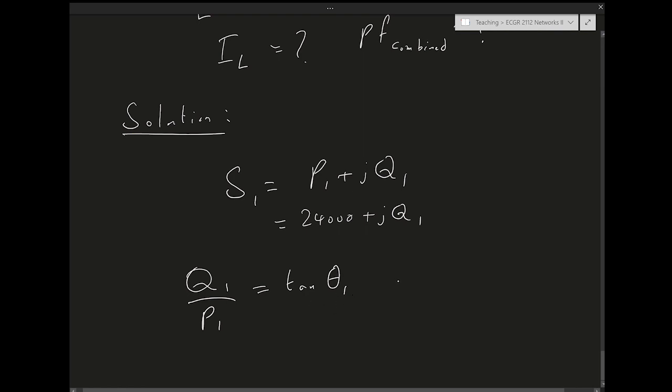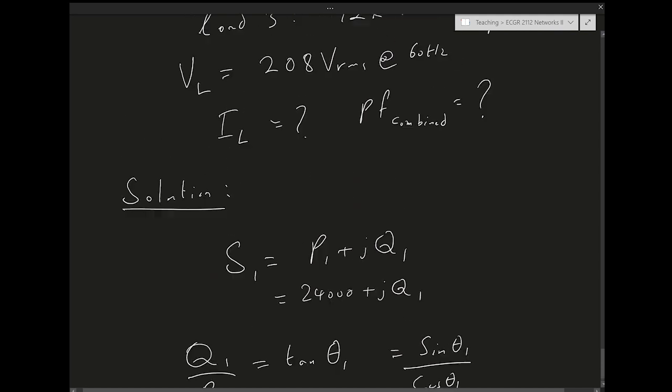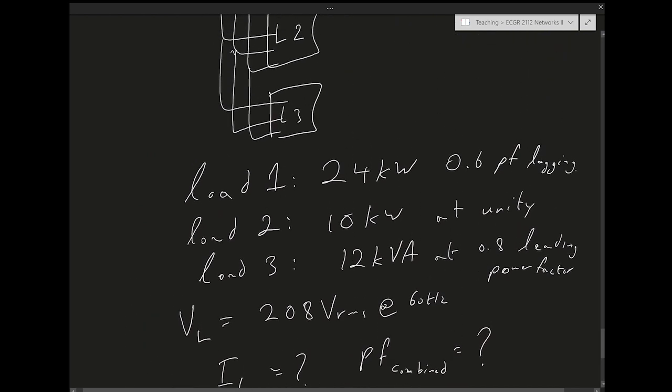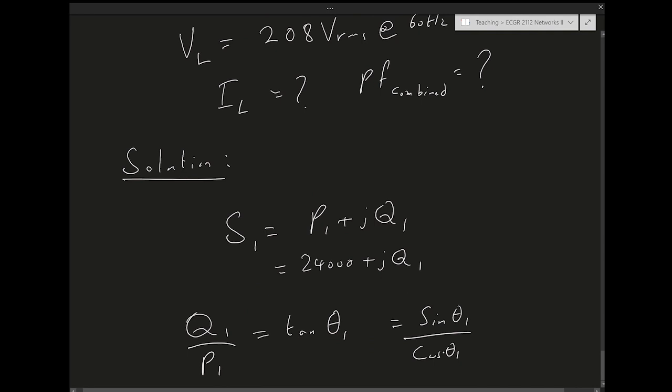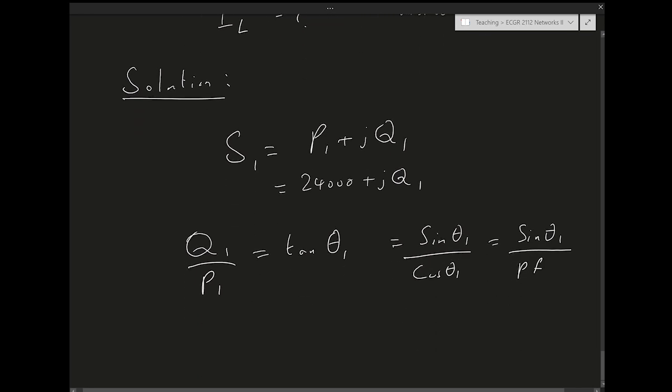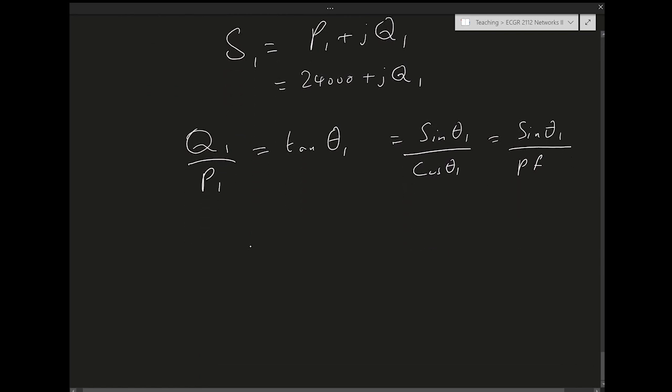But tan theta 1 is sine theta 1 over cosine theta 1. Cosine theta 1 is the power factor, of course. It doesn't matter if it's leading or lagging. The power factor is always going to be positive because cosine is always going to be positive, right? So it's going to be sine theta 1 over the power factor. That gives me the equation to calculate Q1.